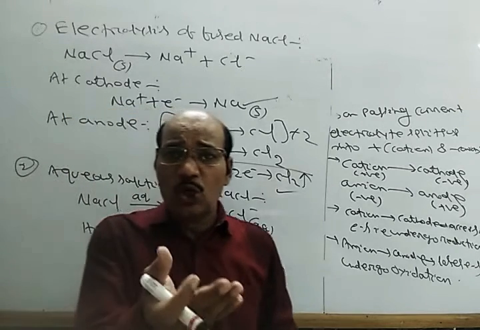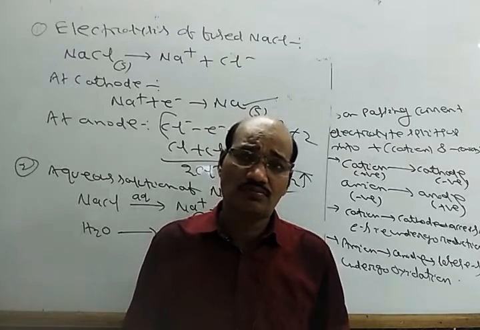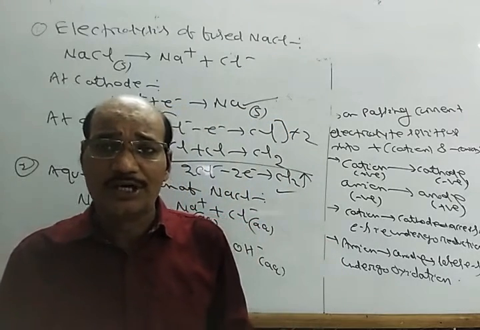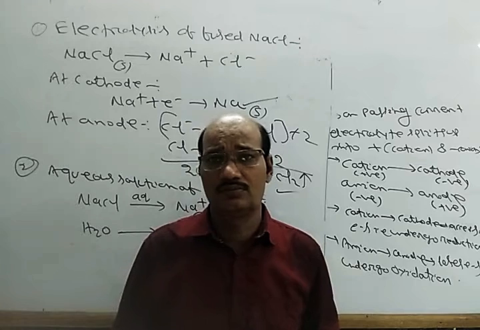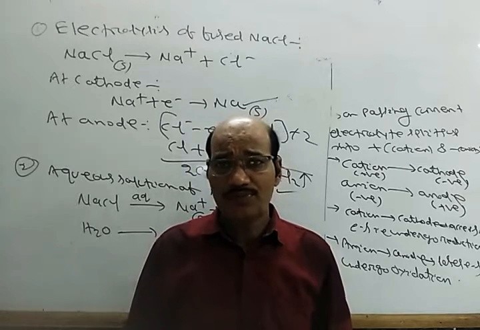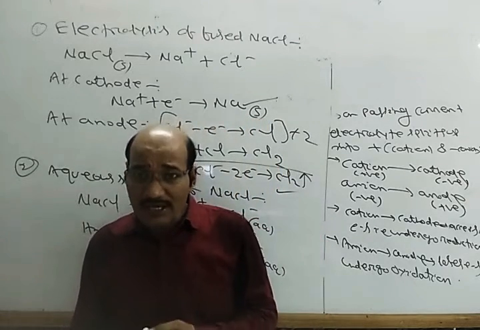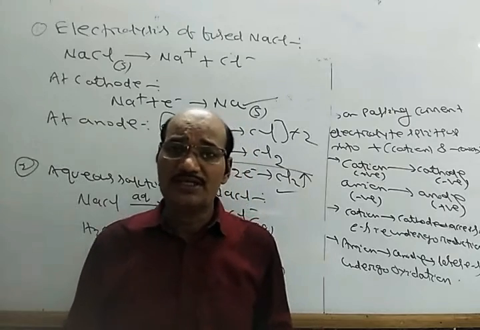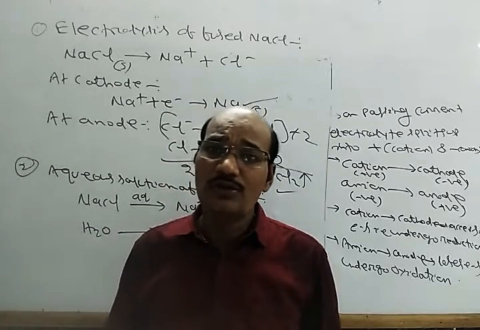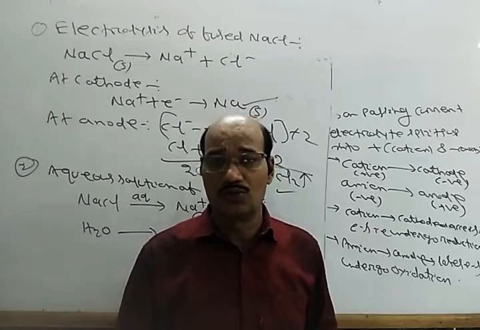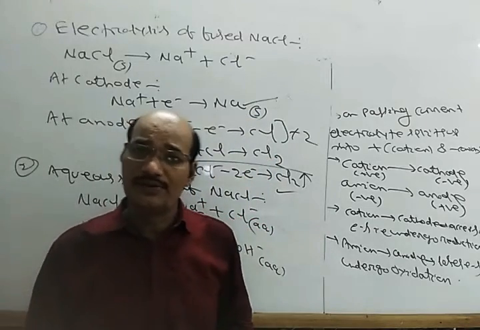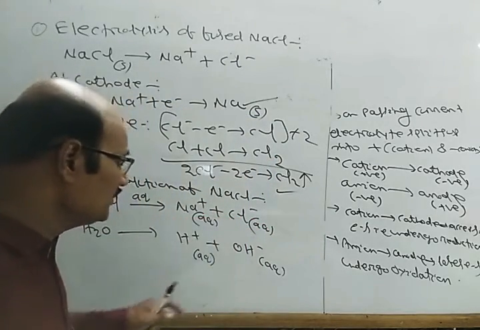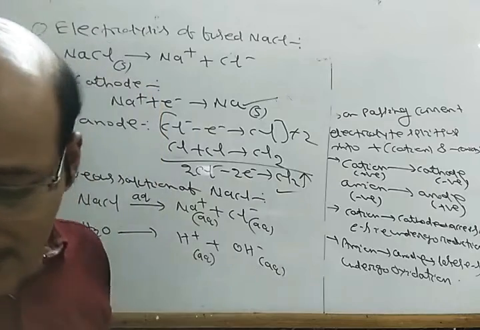Those which have a lower position will have a lower reduction potential. From that position we will decide which ion will discharge at the cathode and also at the anode. So let us see that electrochemical series.